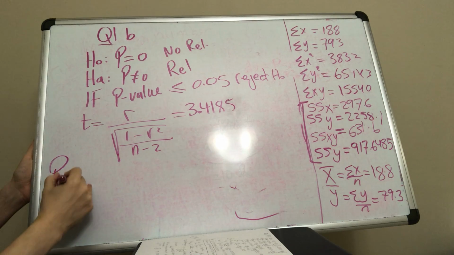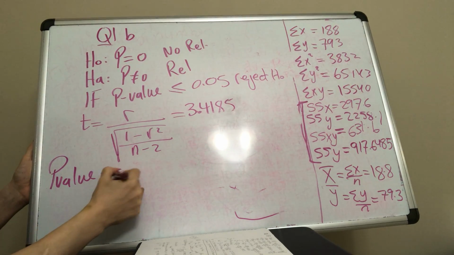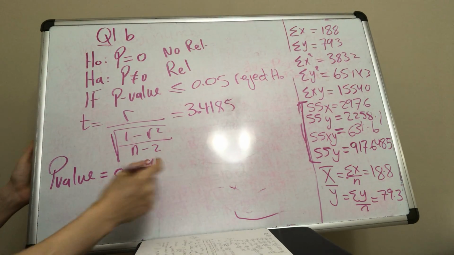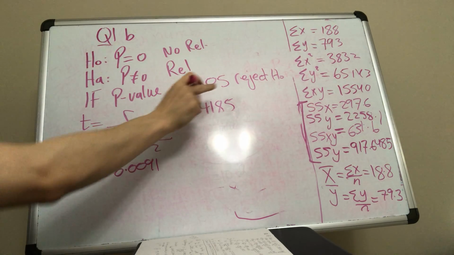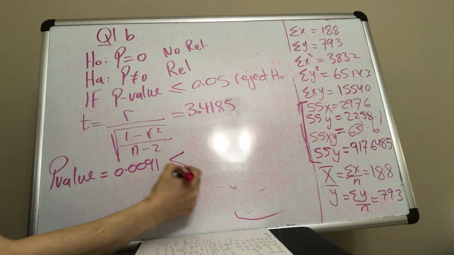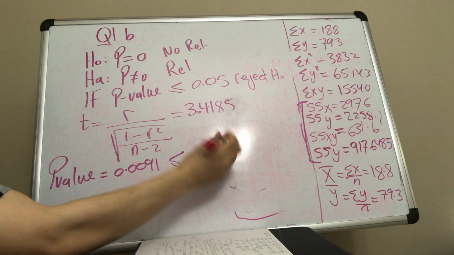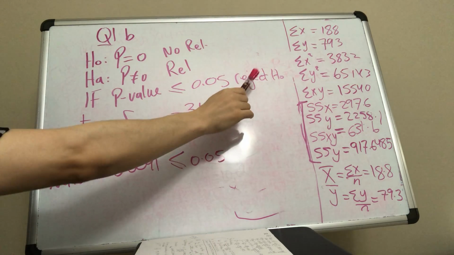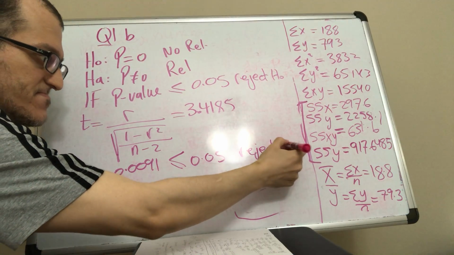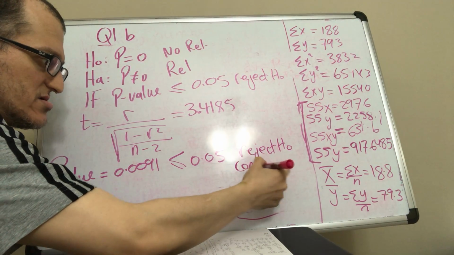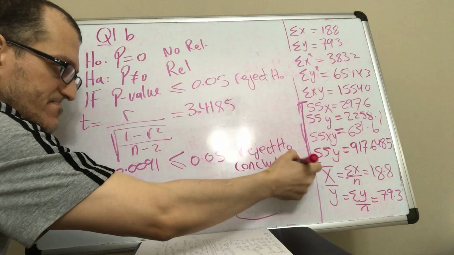With a p-value of 0.091, you go back here. Is this number less than 5%? Yes. So this is satisfied. We're going to reject H0, conclude HA.